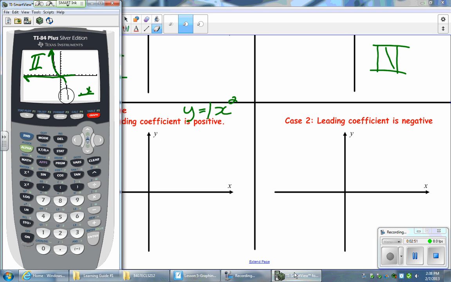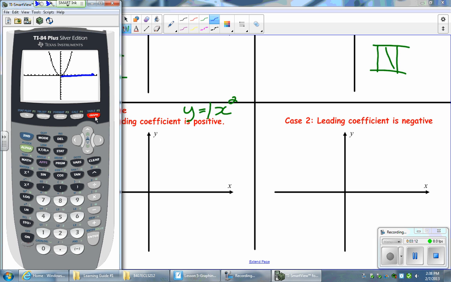Go into your calculator now, and I want you to take a look at what happens to the end behavior. Clear whatever you had in there, and this time, x squared is the function you want to graph. Once you press graph, you get a parabola. Look at what happens to the end behavior.